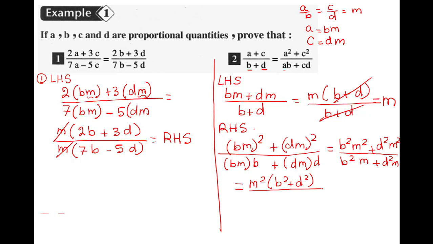And down, I can take a common factor as M. It will leave me with B squared plus D squared. I can cancel this part by this part, and the M squared by the M, and this will leave me with M. Therefore, the left-hand side equals the right-hand side.